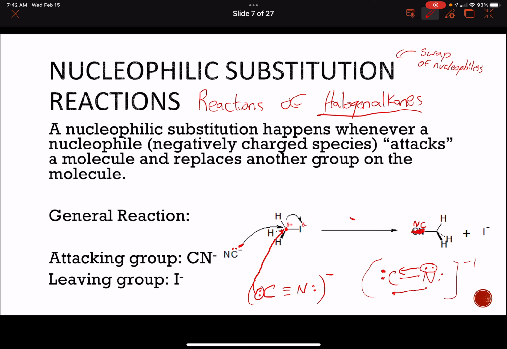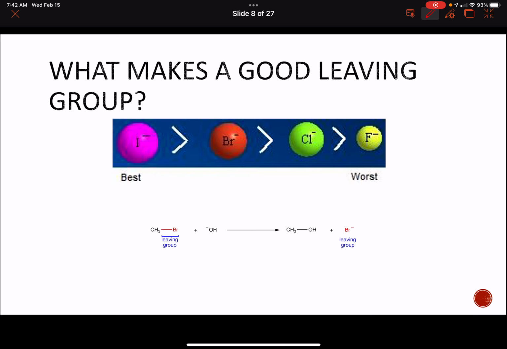So moving forward, what makes a good leaving group a good leaving group? You can tell by the halogens a general idea. So we're looking for a large size. And the reason why a large size makes a good leaving group is because it allows the ion to be more stable.